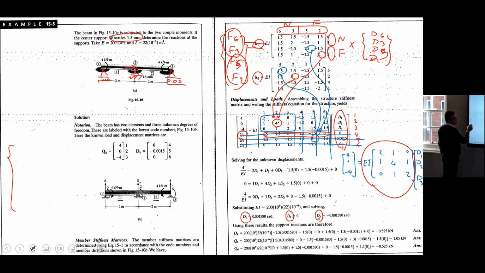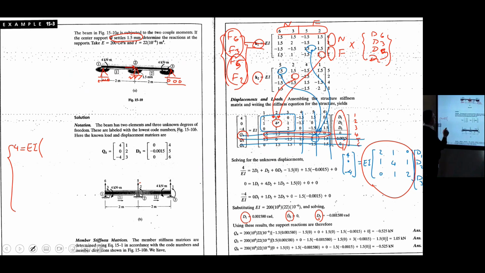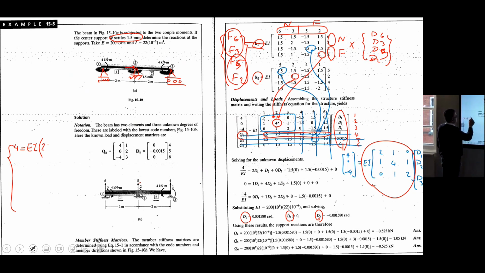6 different equations. The first one is 4 equal to EI bracket. I'm just writing the first row, okay? 2 plus 2d1 plus 1d2 plus 0d3. The next one is 0.